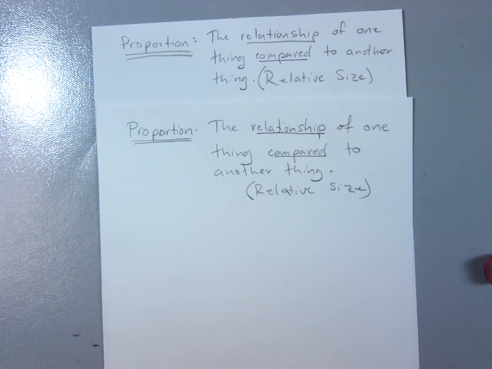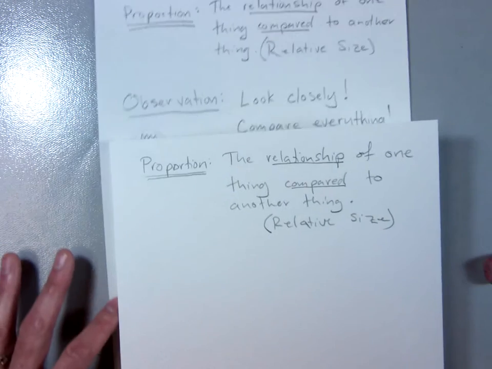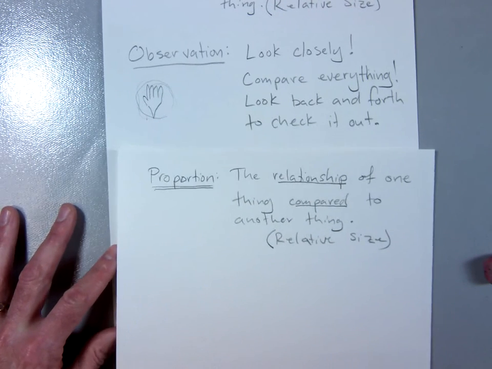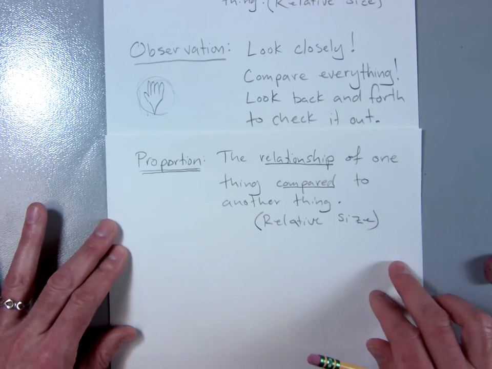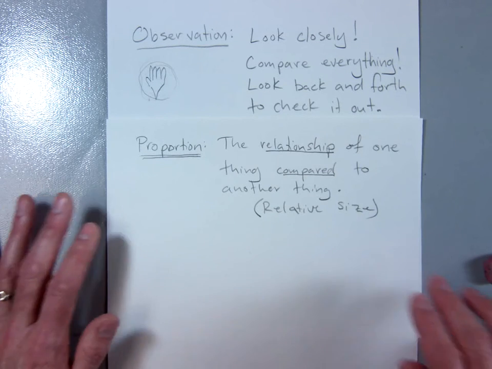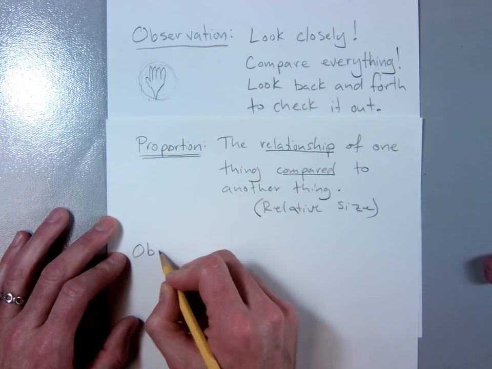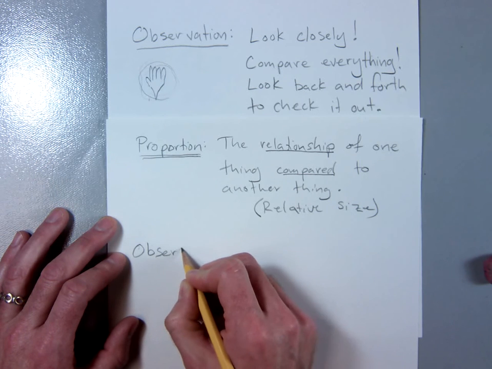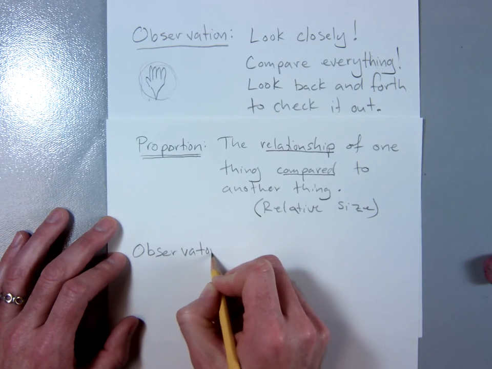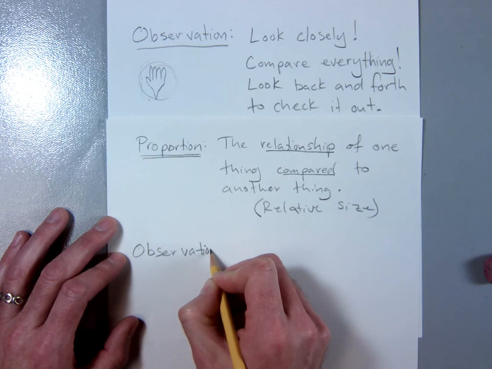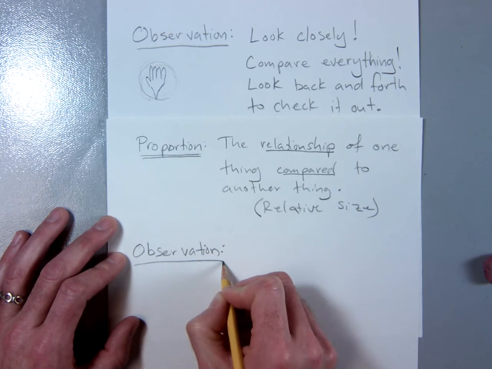Now that you've written that down, let's talk about our next subject, which is observation. Observation is very important in drawing. Observation is not only looking closely, but questioning and thinking.